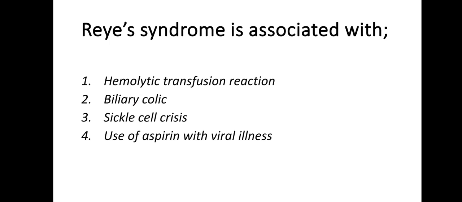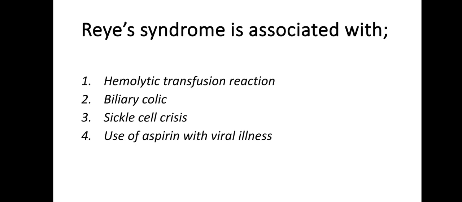Reye syndrome is associated with. Options are hemolytic transfusion reaction. Second option, biliary colic. Third option, sickle cell crisis. And the last option, use of aspirin with a viral illness.